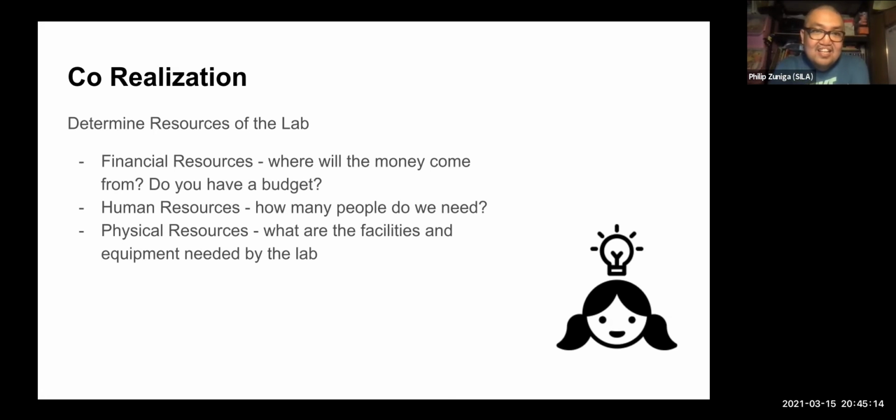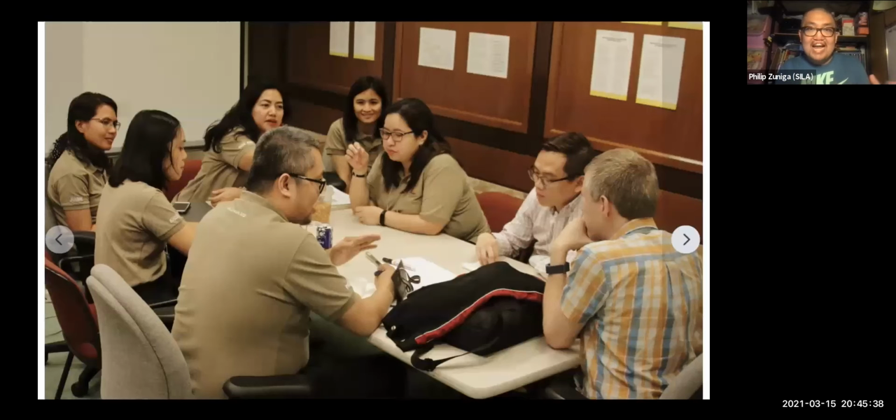And then finally, we need physical resources. Where will the physical lab be? Number one, the question is, will there be a physical lab? So will we have an actual office for the lab? The second question is, what is the equipment needed? So for the first question, for the physical lab, we at SIL-Asia actually have an office space.